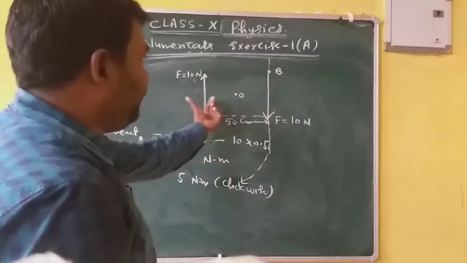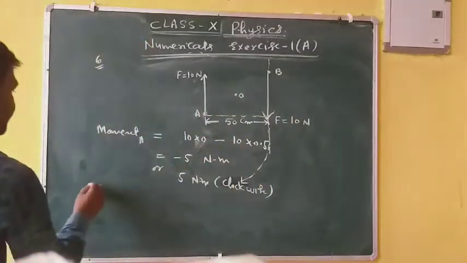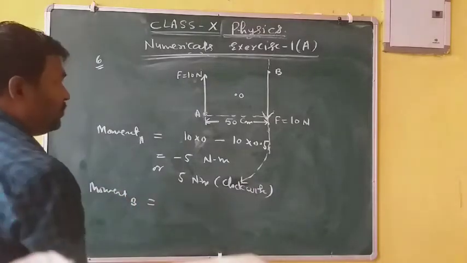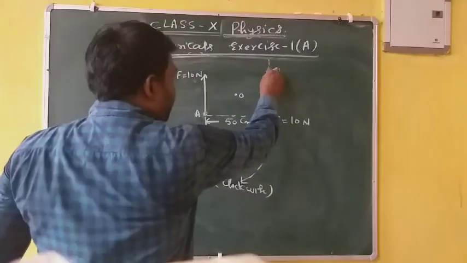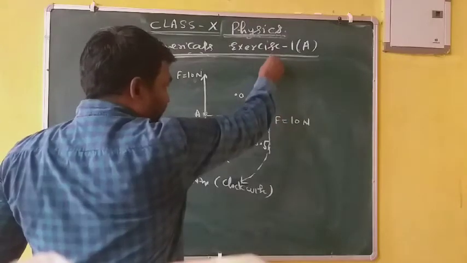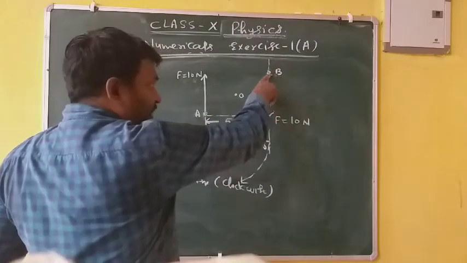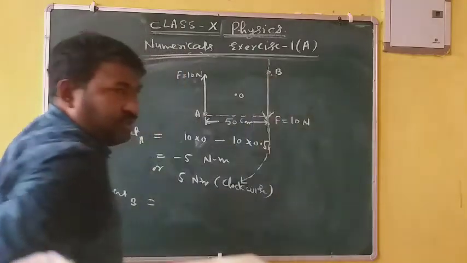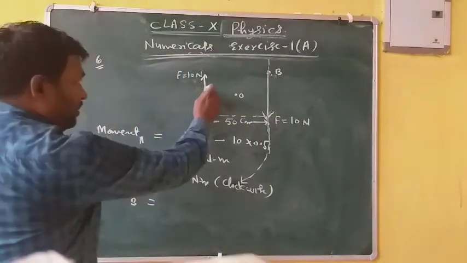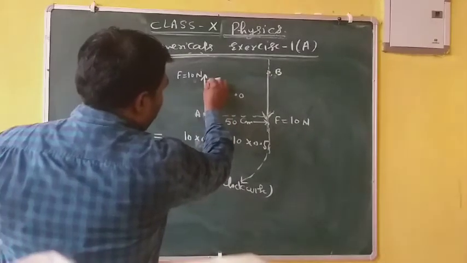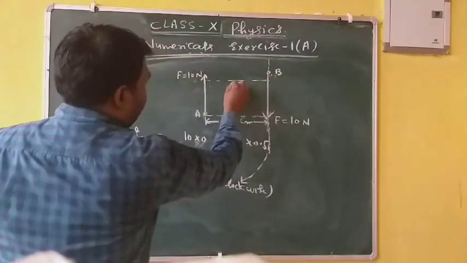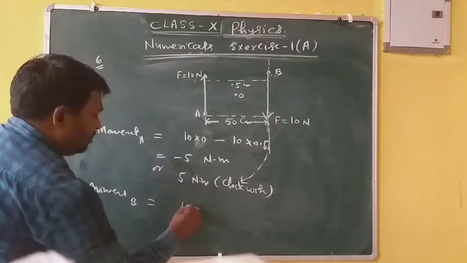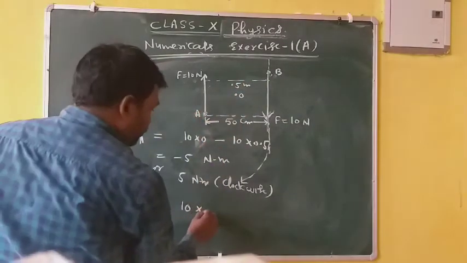Similarly, the moment of these forces about point B. For this force, since point B lies on its line of action, the moment will be 0 about this point B. And for this other force, about B, the distance will be 0.5 meter, right? So 10 Newton into 0.5.